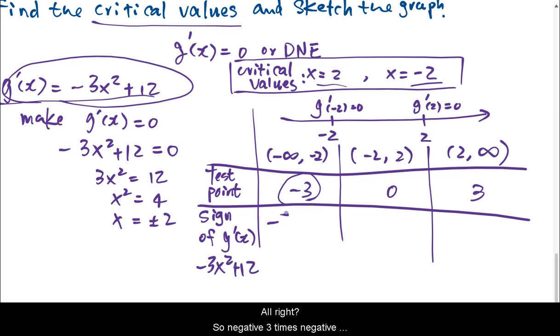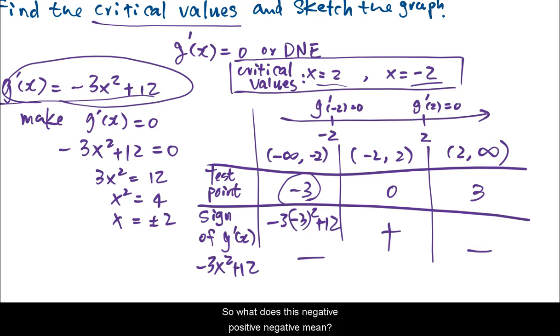So negative 3 times negative 3 squared plus 12, and overall it's negative, right? Plugging in 0, it's positive. Plugging in 3, it's also negative.